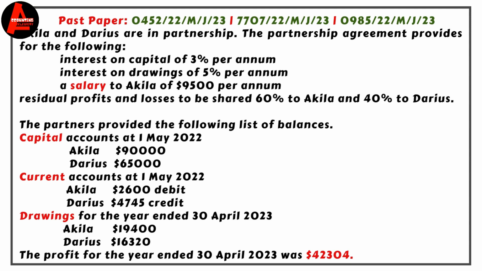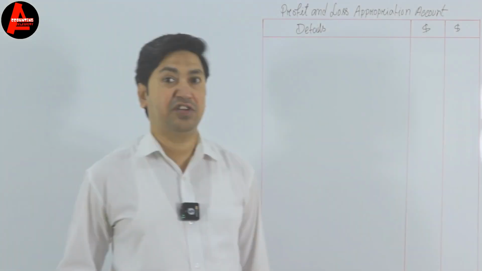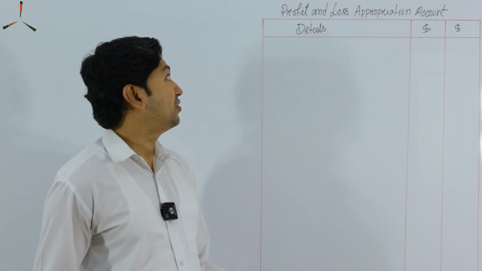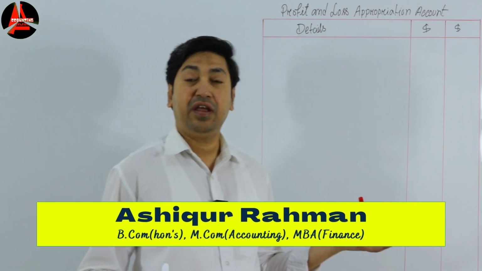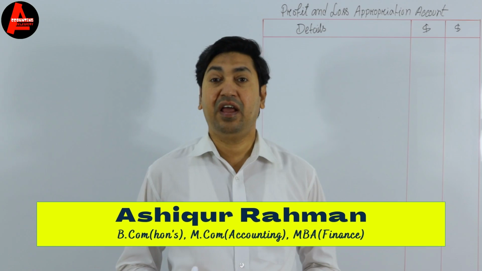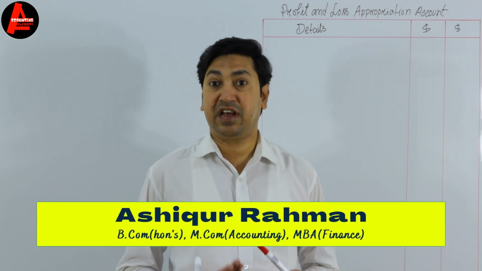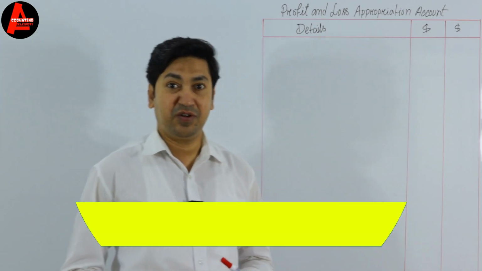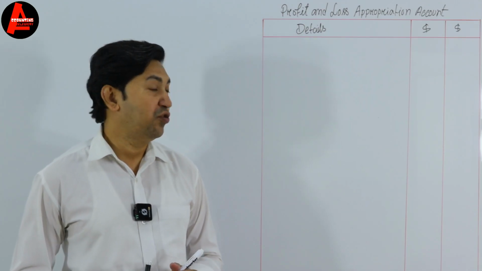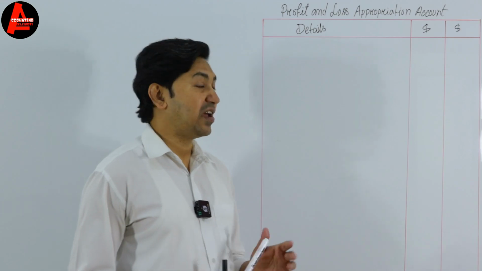We have some more information related to this account. Here only interest on drawings, interest on capital and partner's salary will come. The other information is not relevant to this account.